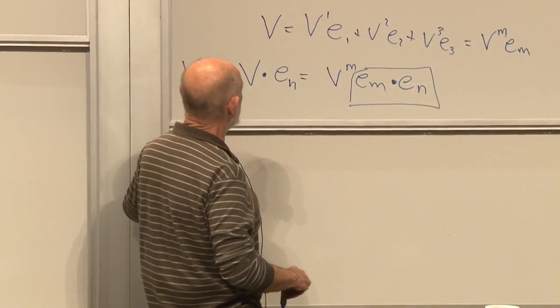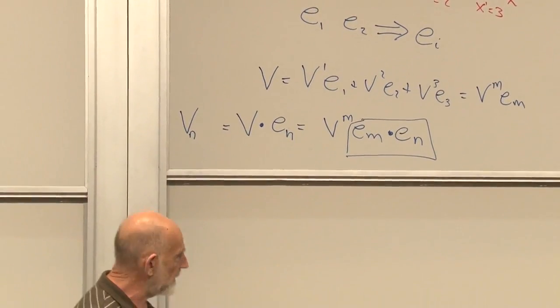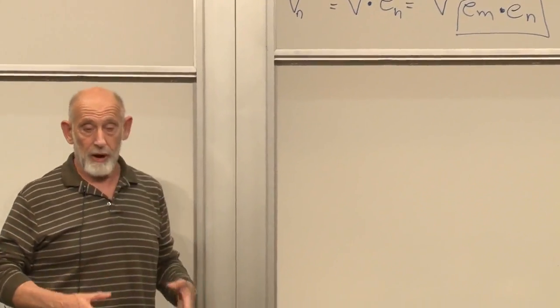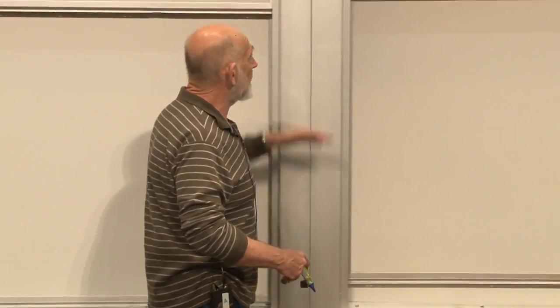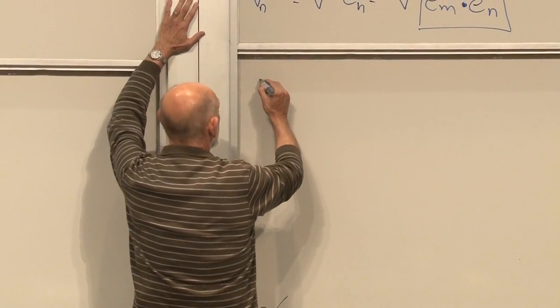Let's go a little bit further to see what its connection with the metric tensor is. The length of a vector is the dot product of the vector with itself. Let's calculate the length of V, and we'll see various ways we can write it.